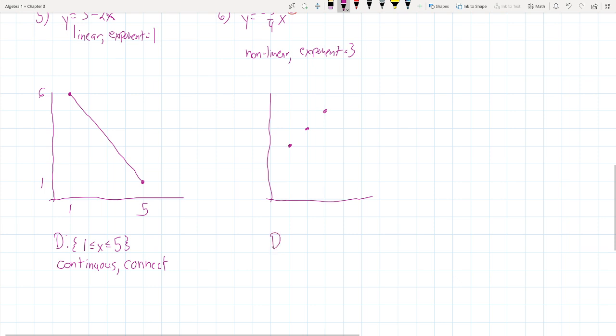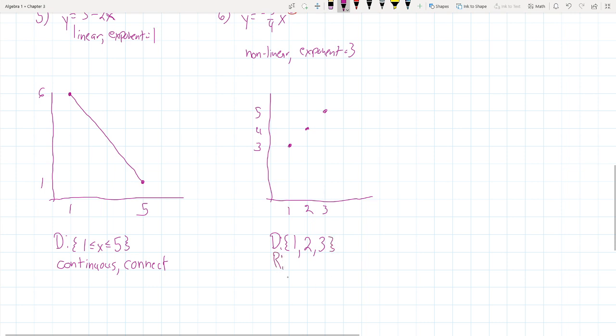Alright, now again, it's going to ask us the domain. This is 1, this is 2, this is 3. This is 1, 2, 3, 4, and 5. So our domain, in this case, is, again, it's all of the x values, but each one is separate, and so it's 1, 2, and 3.